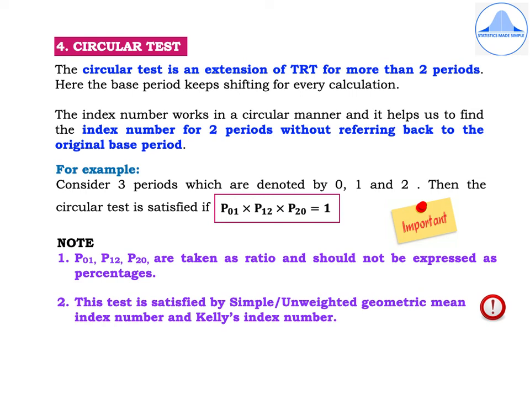It doesn't remain the same. So here as well, P01, P12, P20 are taken as ratio and should not be expressed in terms of percentages, and this test is satisfied by simple or the unweighted geometric mean index number and Kelly's index number. So it is very important to remember which index number satisfies a particular test.